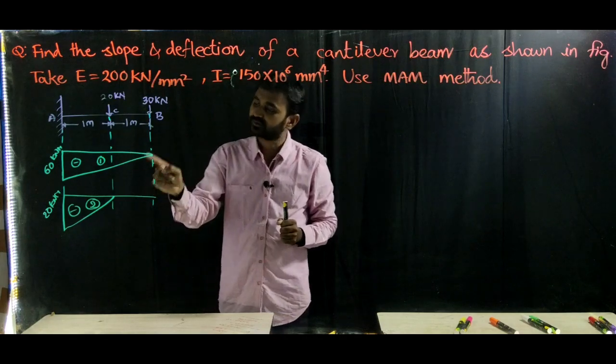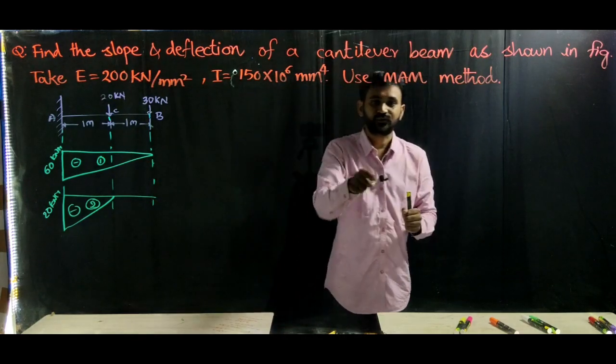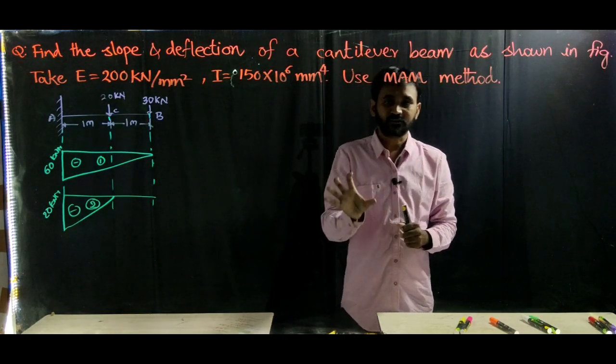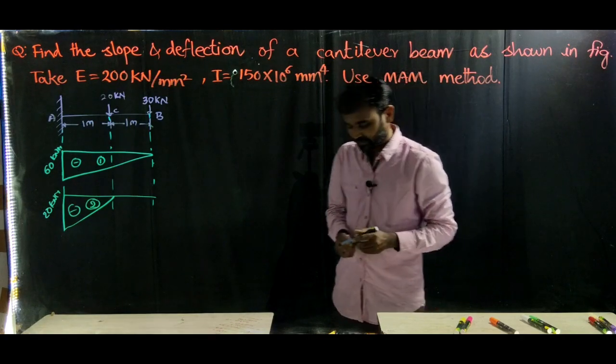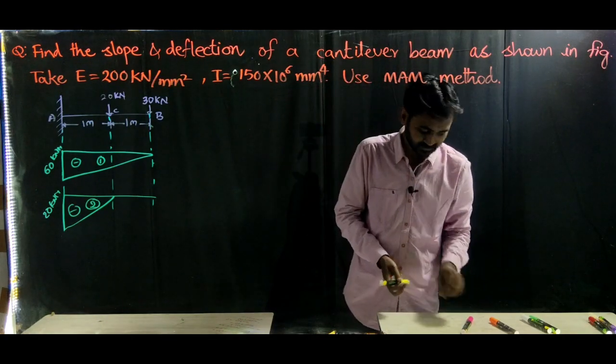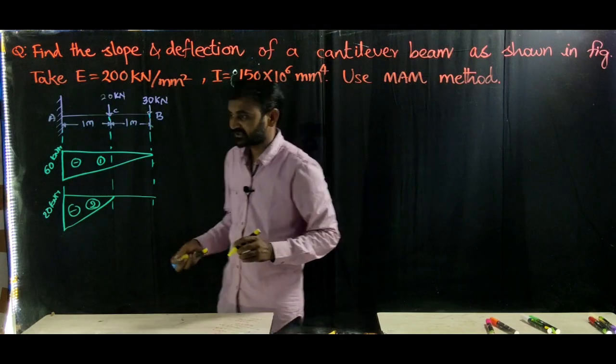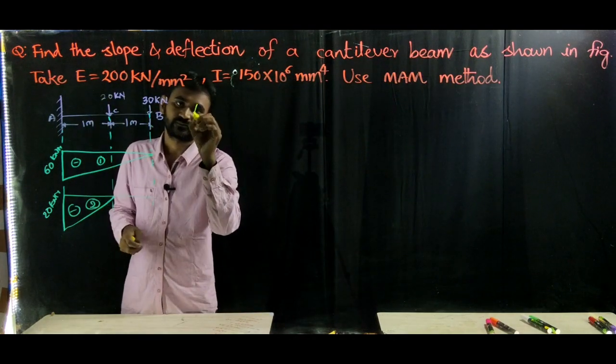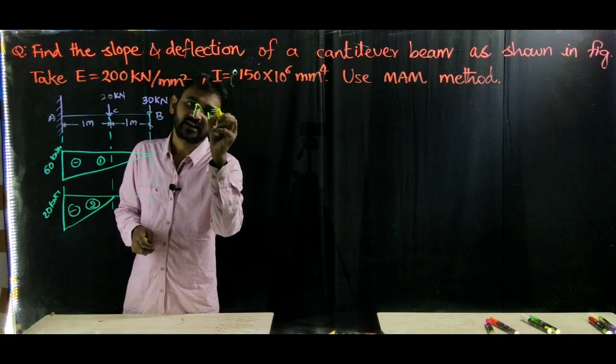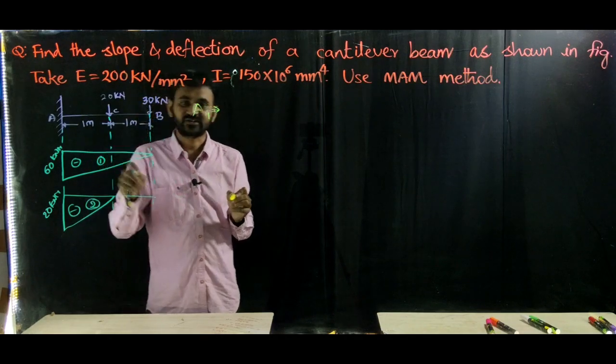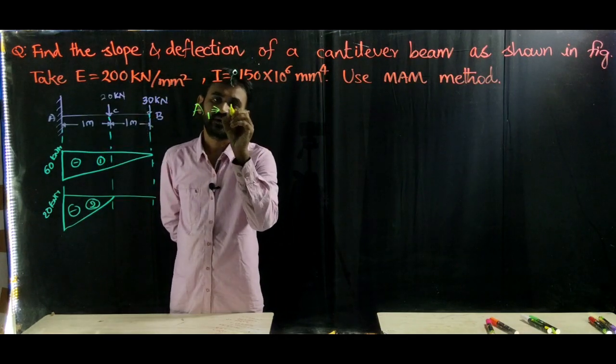So you have to calculate both A1 and A2, then add both A1 and A2 so that you will get the area. So we will see how to do that. I am considering A1. What is my A1? The area of this triangle will be half into base into height.